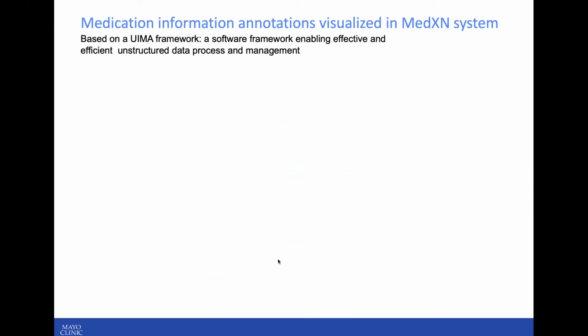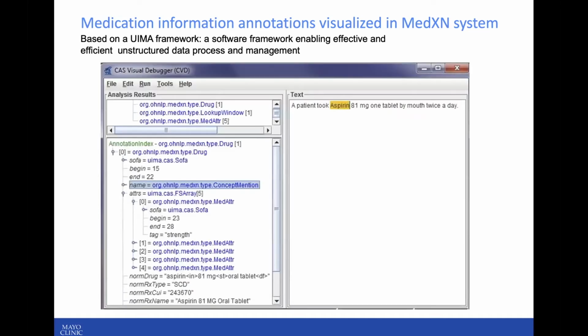For this task, we use a specific framework called UIMA. UIMA is the Unstructured Information Management Architecture, a kind of software that enables effective and efficient unstructured data processing and management. Most of the text processing at Mayo Clinic by our team uses this UIMA framework.